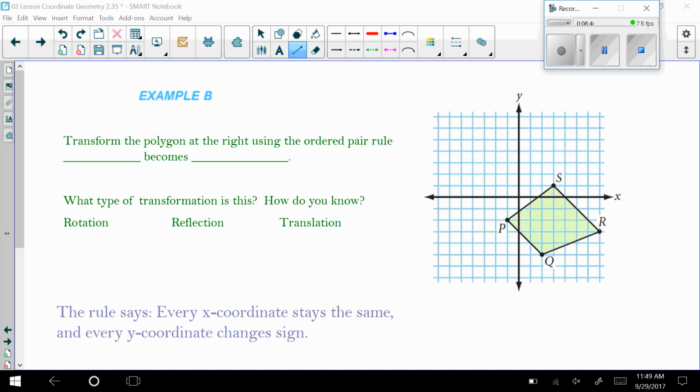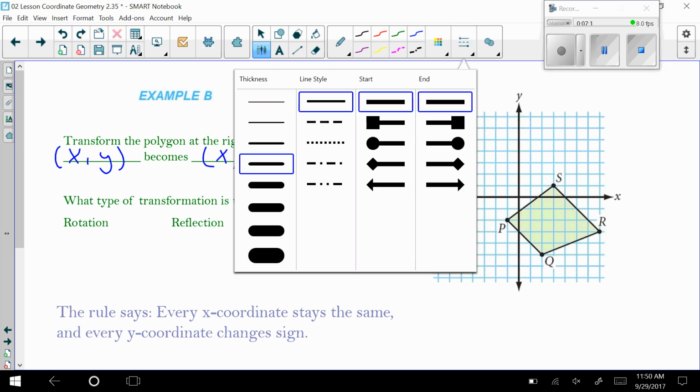Now let's look at another type of transformation. We're going to transform this polygon PQRS at the right using the ordered pair rule, where (x, y) becomes (x, -y). So let's take a minute to do this transformation on the coordinate plane on the right.